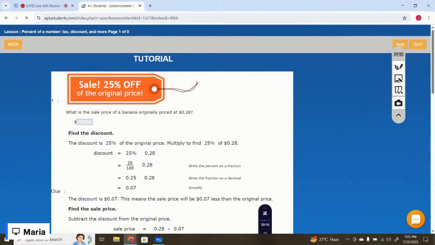What is the sale price of a banana originally priced at 0.28? The discount is 25% of the original price.